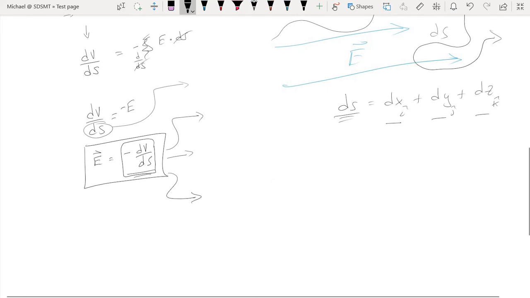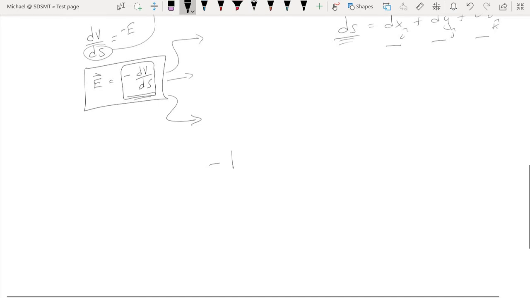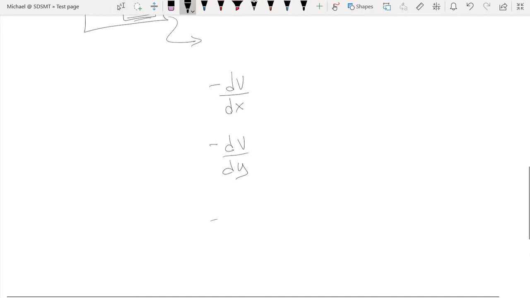So what we need to do is take this change in electric potential with respect to one axis at a time. We'll look at how the electric potential changes with respect to the x-axis, the y-axis, and the z-axis.